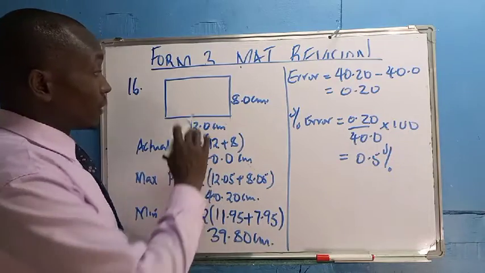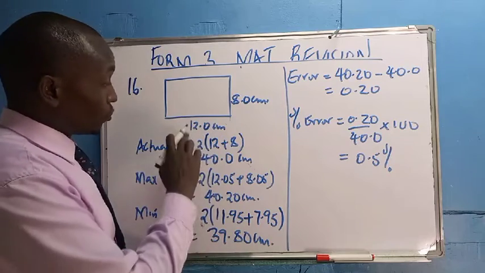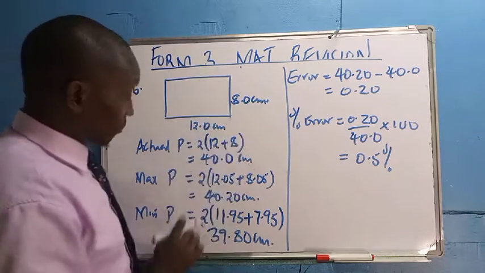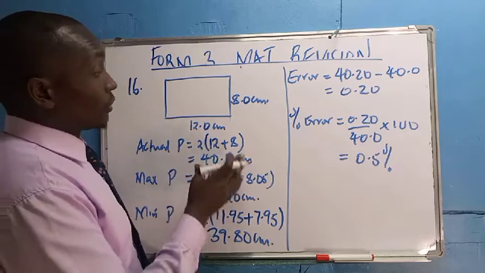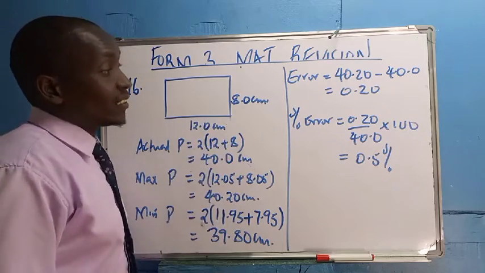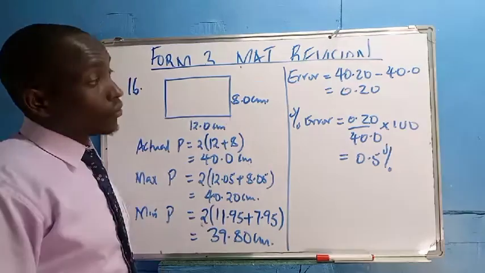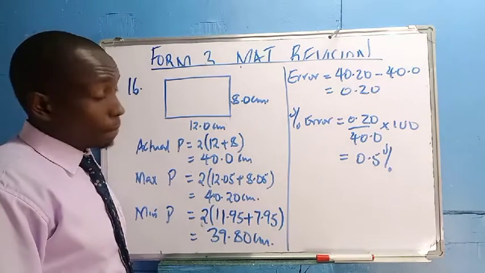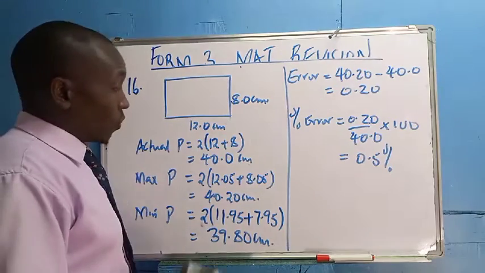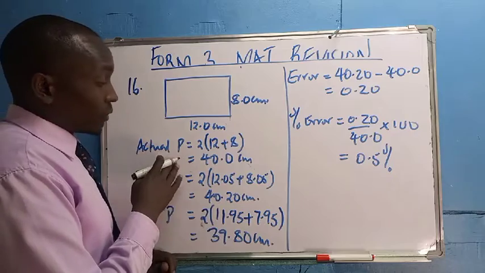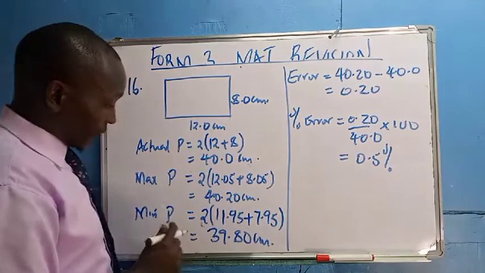Number 16, you're given the measurement of a rectangle, 12.0 centimeters by 8.0 centimeters. The question is, you work out the percentage error in the calculation of the perimeter. All I've done is to find the actual perimeter. Yes, the actual perimeter is there.